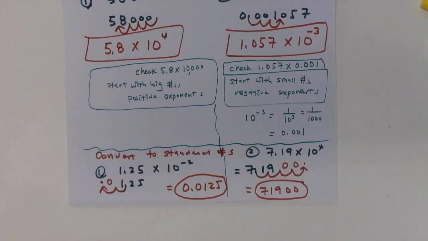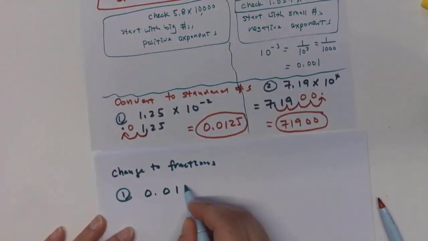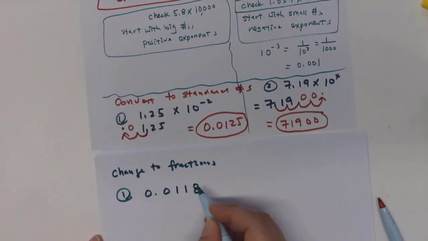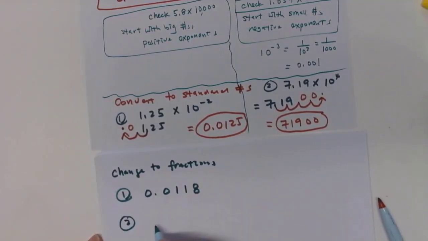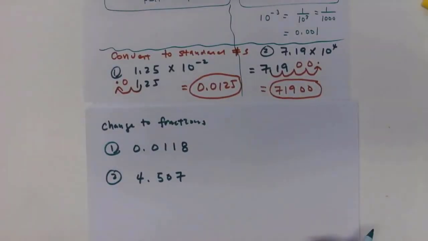Question for this. There are some questions that ask you to change the decimal to a fraction. Are we good with those? Yes or no? Let's test it. I'm changing them to fractions. First one.